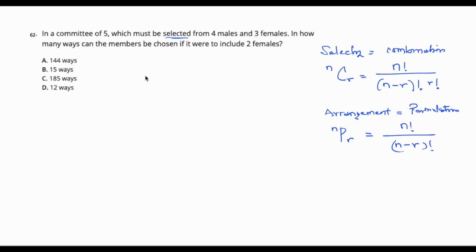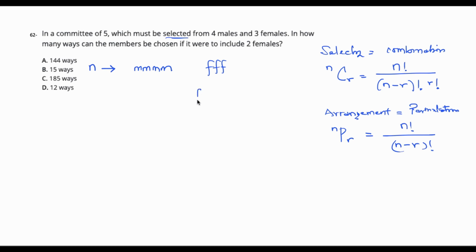The total number of people available to select from are 4 males and 3 females. So the total number of people that are available for selection is our n. Now we're told that to make up the members of a committee of 5, we have to include 2 females.